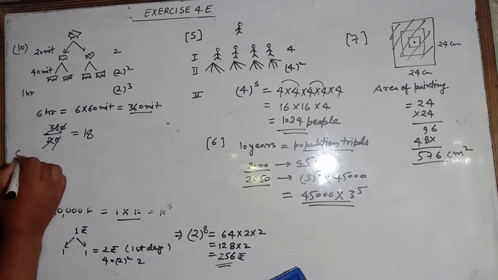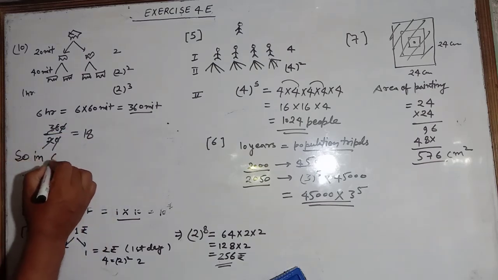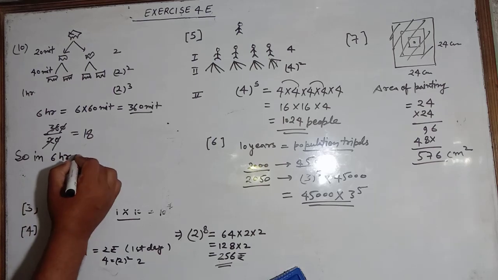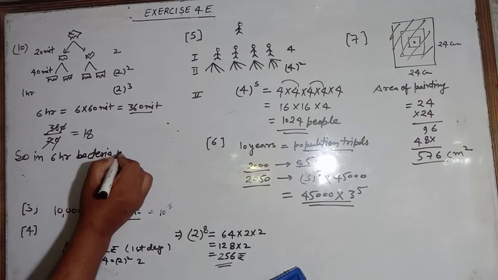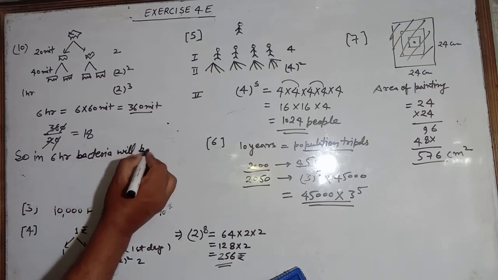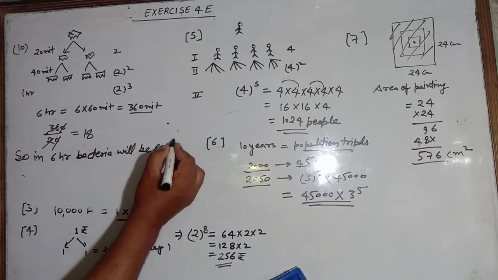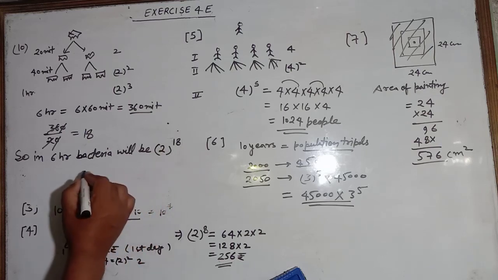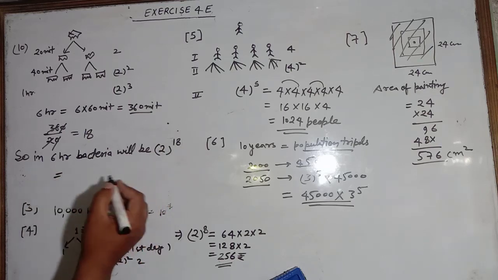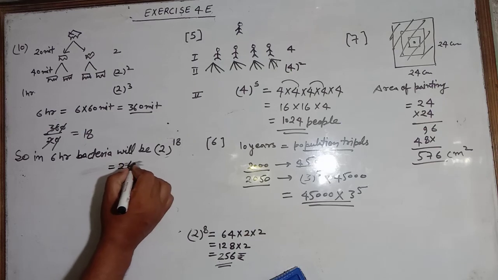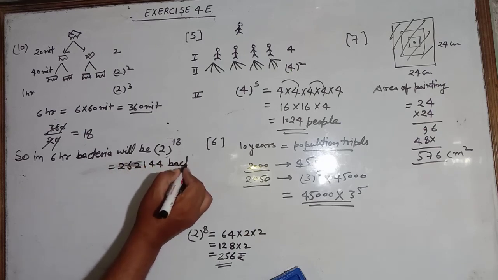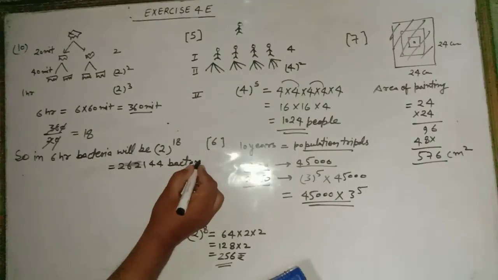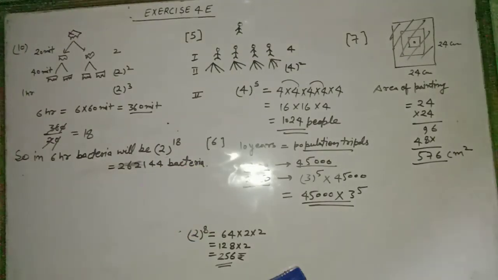So in 6 hours bacteria will be 2 to the power 18. So we will find out the value of 2 to the power 18: 262144 bacteria. Like this you can solve. Thank you.